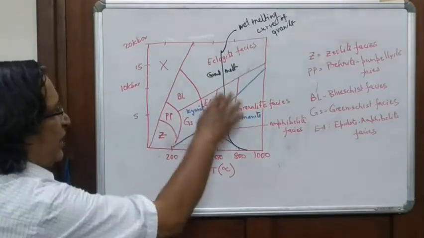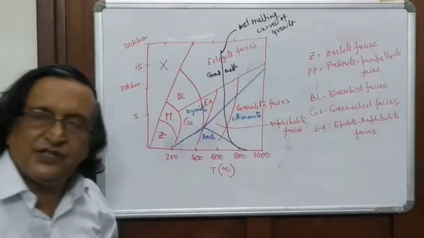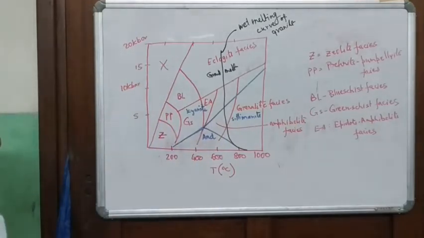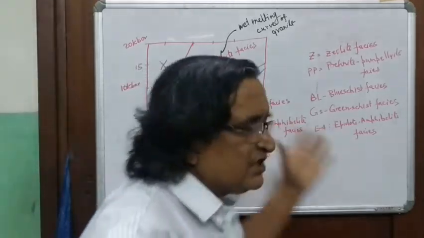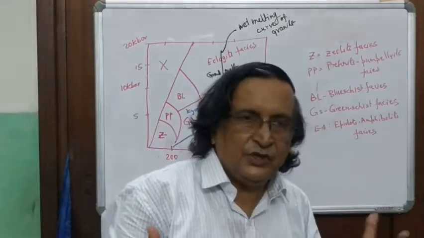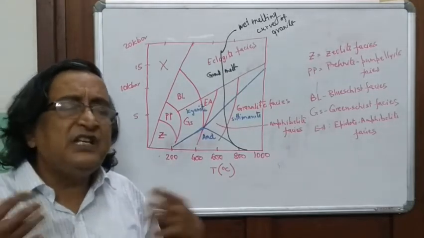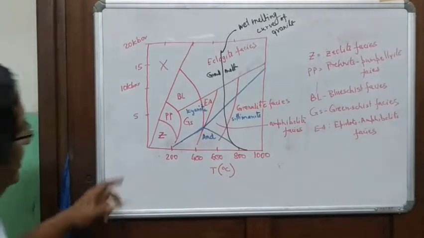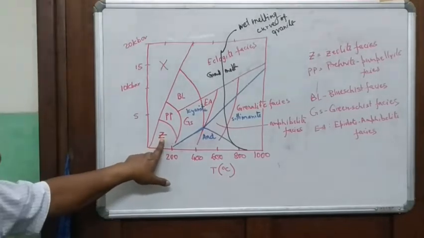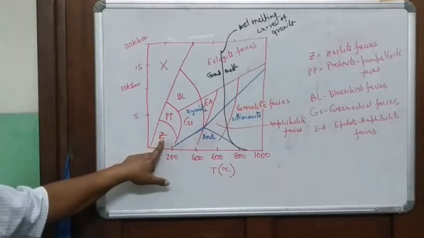Now, here in red are all metamorphic facies. You have to know this diagram, because this is the facies classification of metamorphic rocks. I will not go into details because it will be too much. This is called the zeolite facies. This is the lowest pressure and temperature facies that you get.